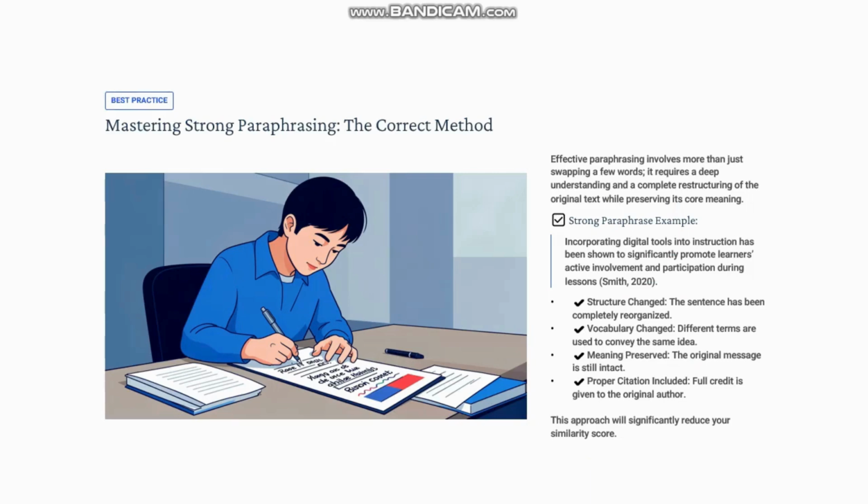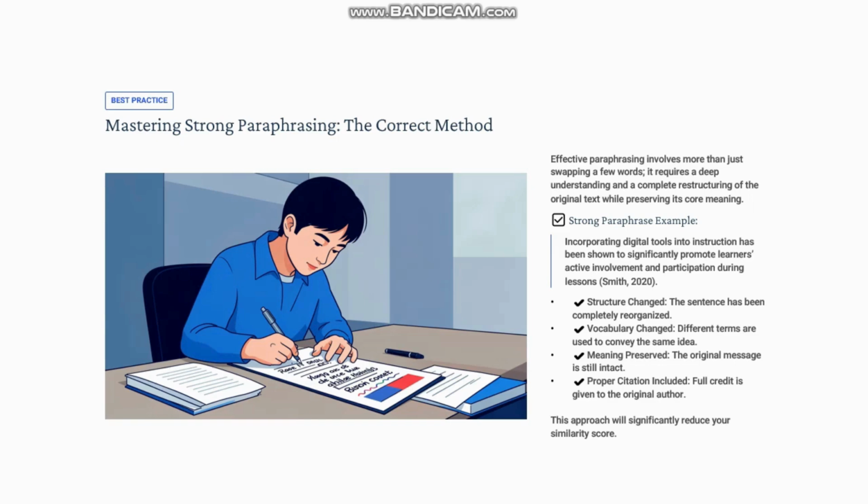All right. So to effectively paraphrase, it's going to involve more than swapping a few words. We're going to require a deep understanding and to completely restructure whatever we want to copy. We have to change the structure, we have to change the vocabulary, but the meaning must be preserved. And then we have to have what we call proper citation.